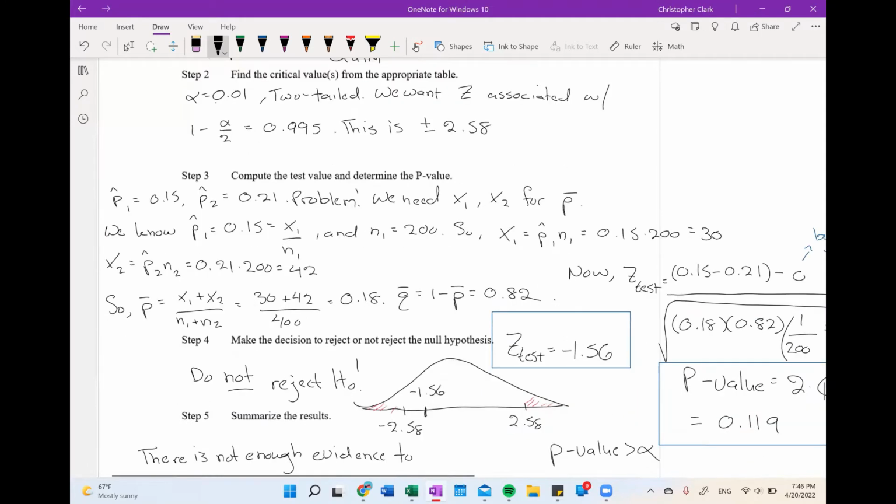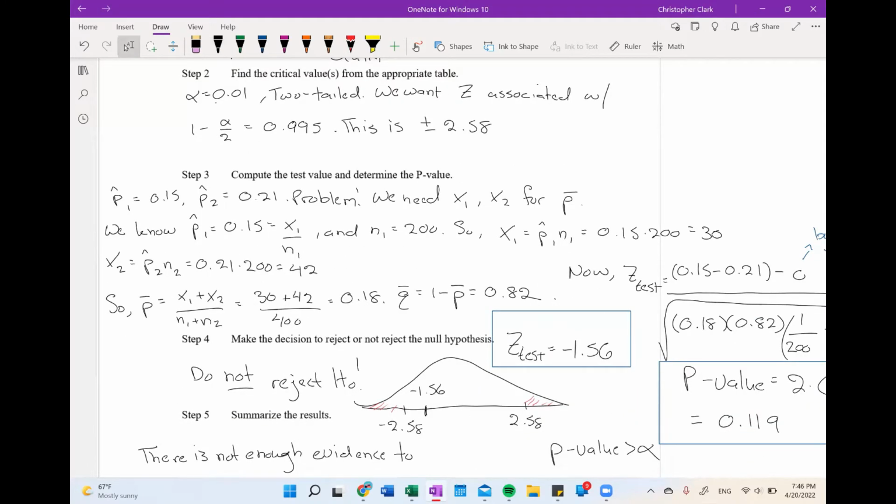Okay, so now let's compute the test value and determine the p-value. So I am going to start right here. So we have p hat 1 is 0.15. They tell us that. P hat 2 is 0.21. The problem is that we need x1 and x2 for p bar, right? P bar is x1 plus x2 over n1 plus n2. But that's okay, because we know that p hat is equal to x over n. So p hat 1, which is 0.15, is equal to x1 over n1.